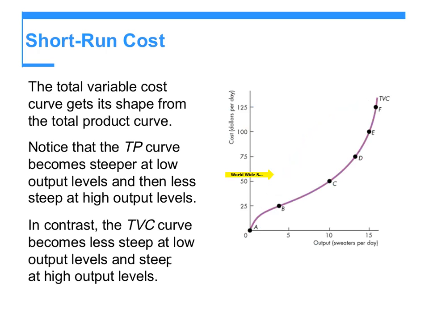Then contrast TVC, which is total variable cost, because at the beginning, as you can see, it is less steep and steeper at high output level. High output level means, for example, 10 to 15, which is the higher output level, the steepness is much higher. It's steeper, steeper.